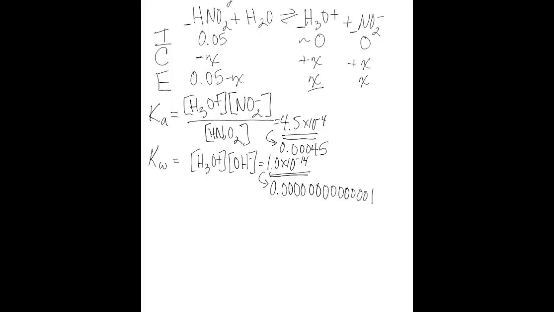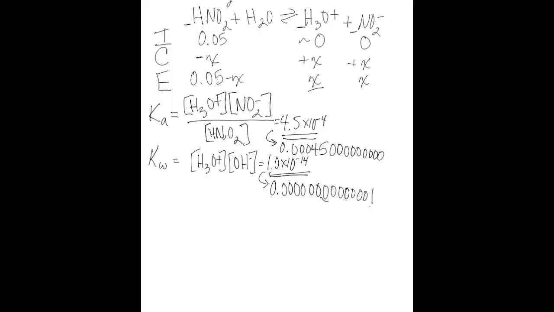We have 1, 2, 3, 4, 5, 6, 7, 8, 9, 10, 11, 12, 13, 14. There's 10 to the negative 14. In order to go out to that many decimal places for the Ka value for nitrous acid, we'd need to add 9 more zeros. 2, 3, 4, 5, 6, 7, 8, 9.